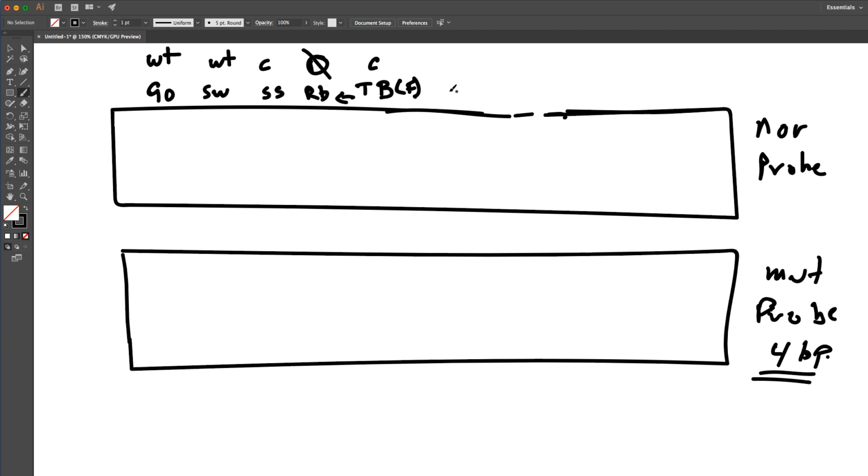Then we have BB, who is the mother of RB, and she is also an unafflicted carrier. Then we have 2968, who is afflicted. So I'm just going to abbreviate this 68.